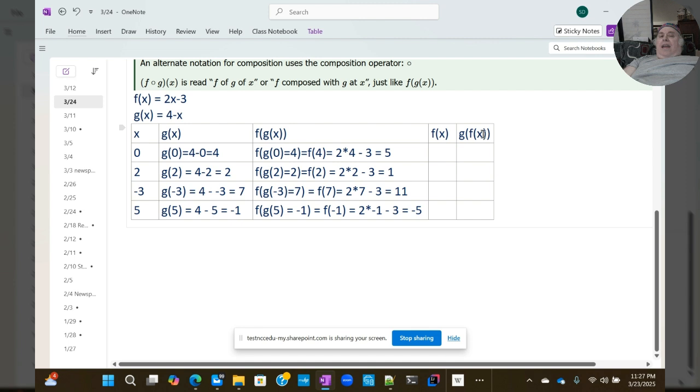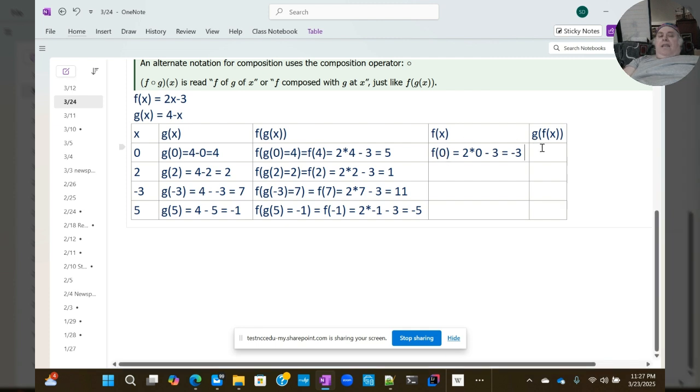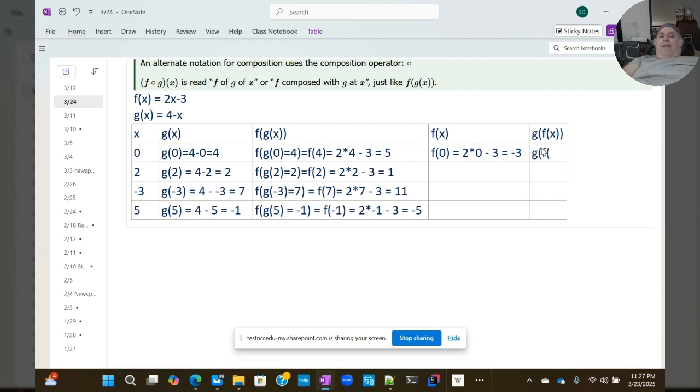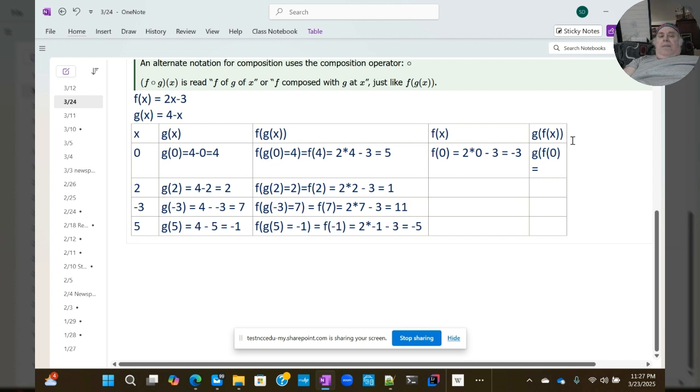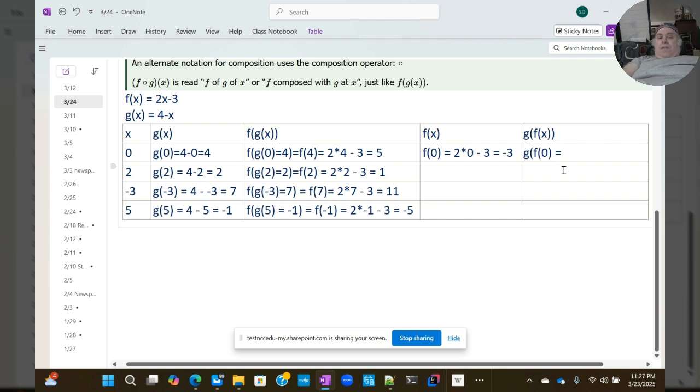To do that, the x goes to the f. So g of f of 0: we start with f of 0. No, that's not right, that's g of 0. f of 0 is 2 times 0 minus 3, which is negative 3. So now we're going to do g of negative 3.